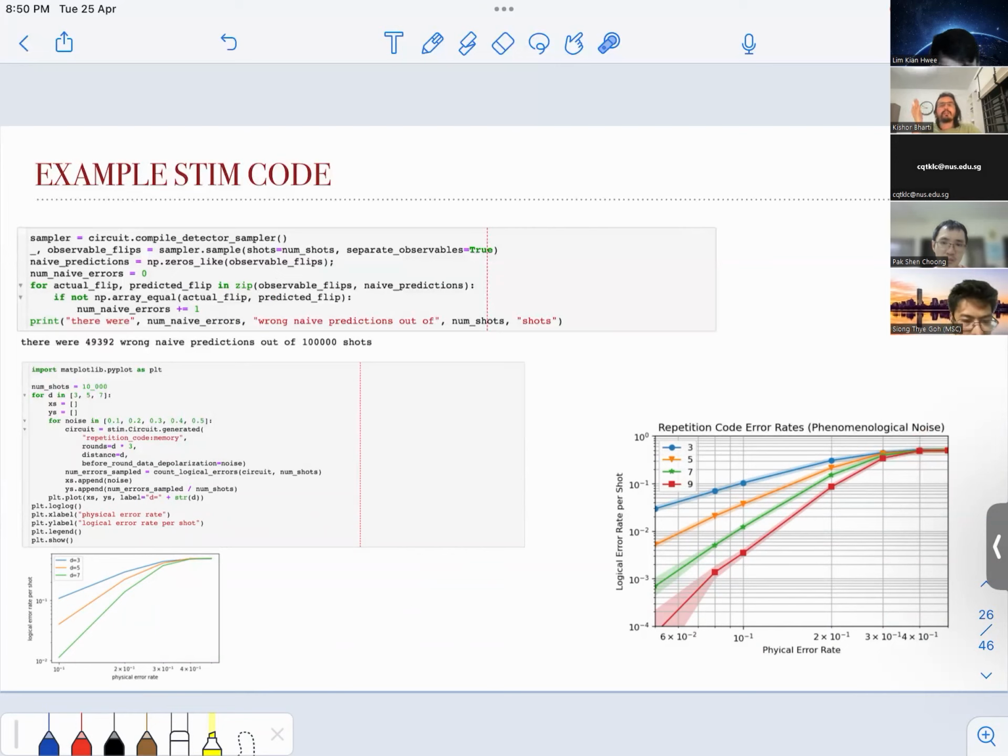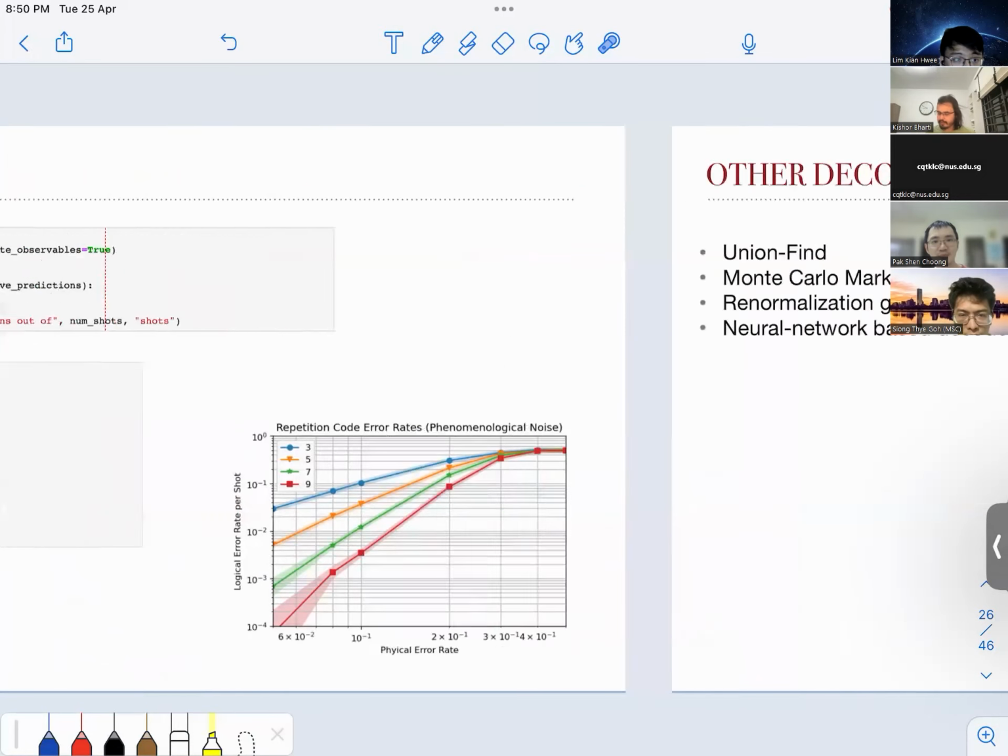A decoder with a higher and higher threshold is basically a good decoder, because for building fault tolerant memories or doing fault tolerant quantum information processing, understanding the threshold is quite a fundamental concept.